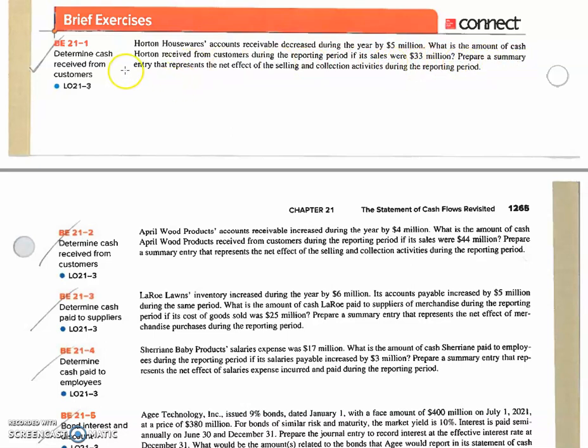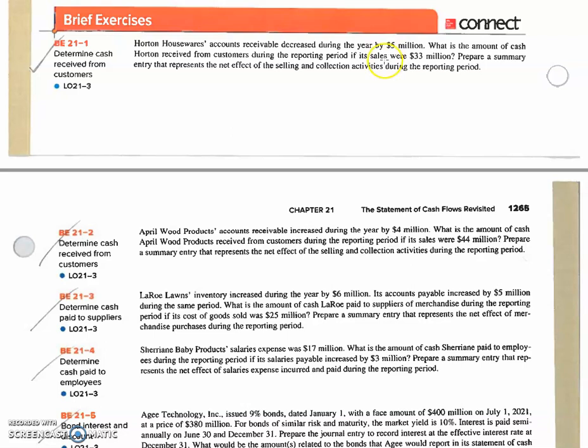Prepare a summary entry that represents a net effect of the selling and collecting activities during the reporting period. Okay. So accounts receivable decreased during the year by $5 million. What does that mean? Well, it means more was taken out of accounts receivable than was put into accounts receivable.